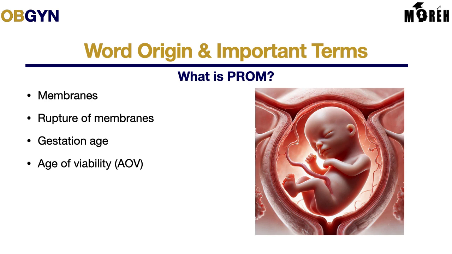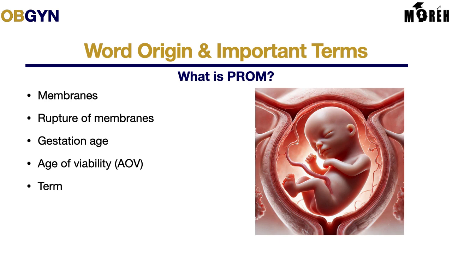And term is 37 completed weeks, so this is 37 plus 7 days. This is the gestational age that we refer to as term.